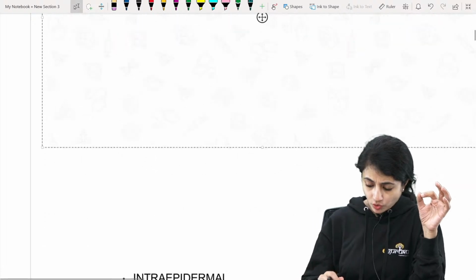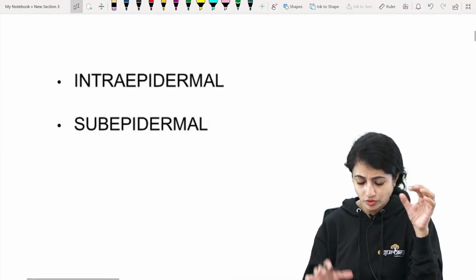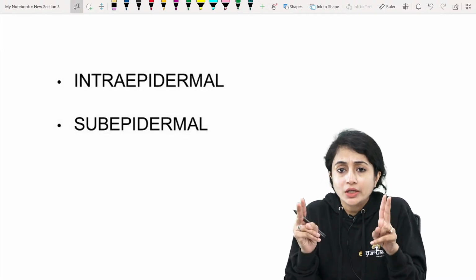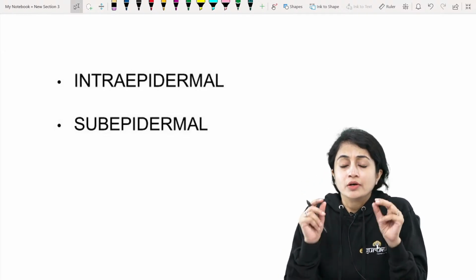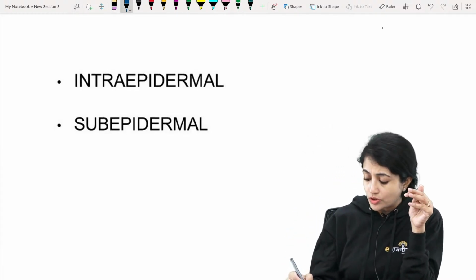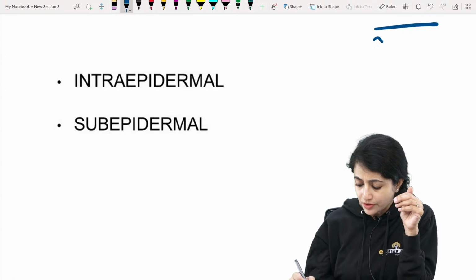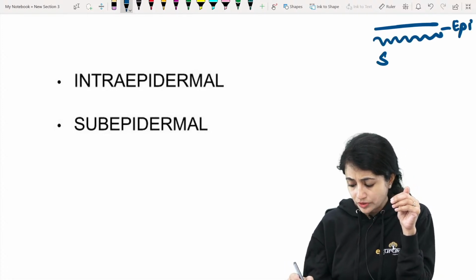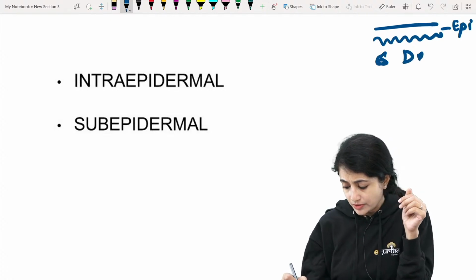Now, whenever we are talking about autoimmune blistering disorders, we should know that they can be broadly of two types. One, intraepidermal or subepidermal. Now, skin has three layers. The topmost layer is epidermis, and below that I have dermis.